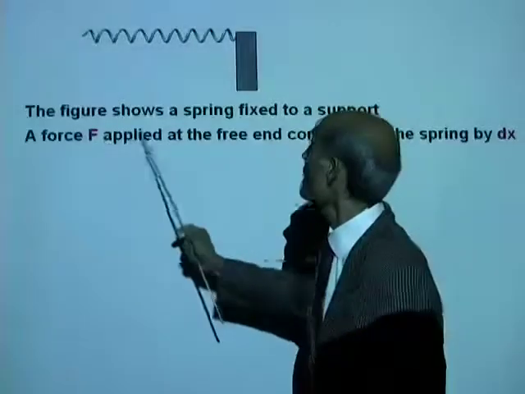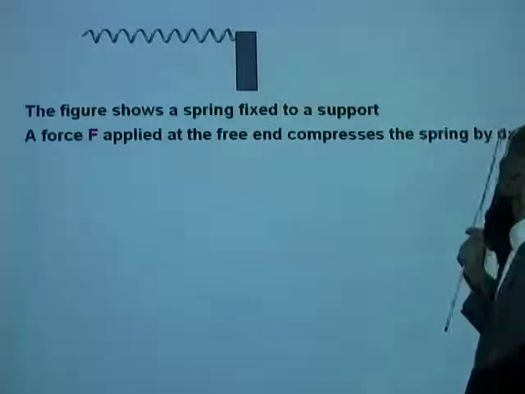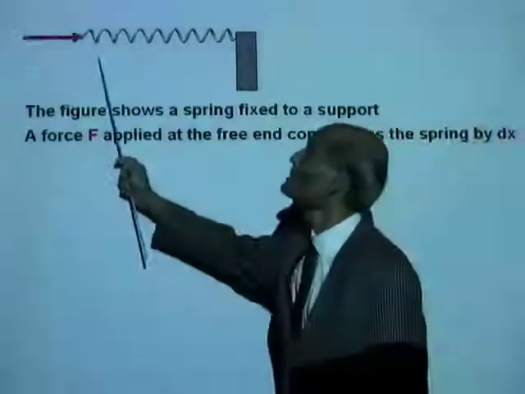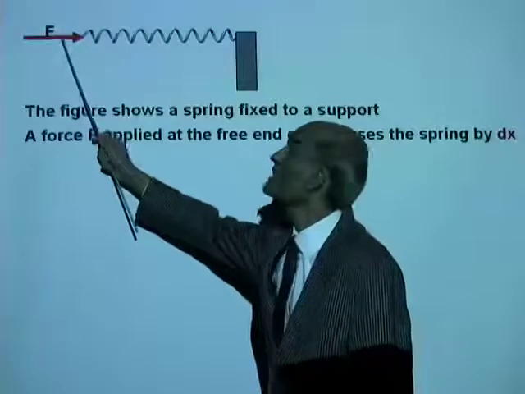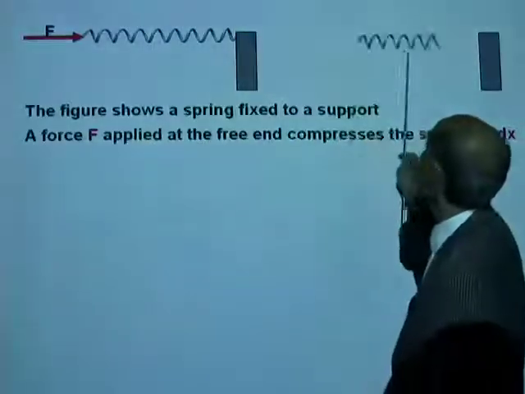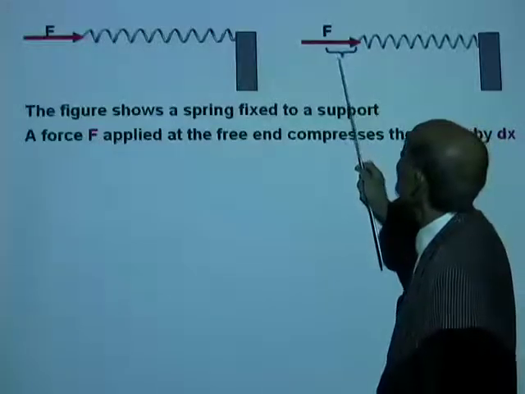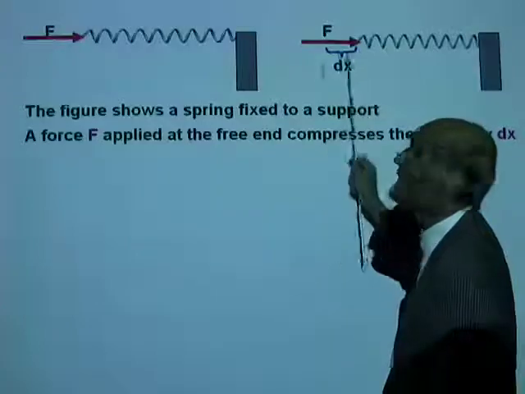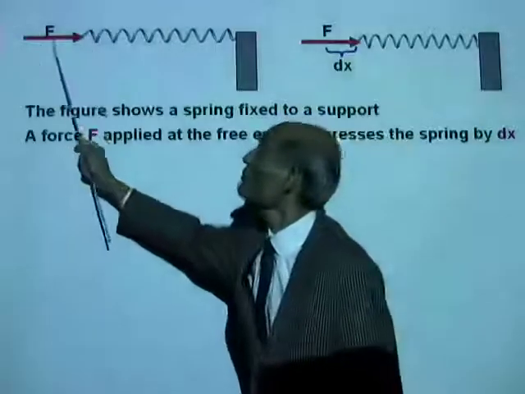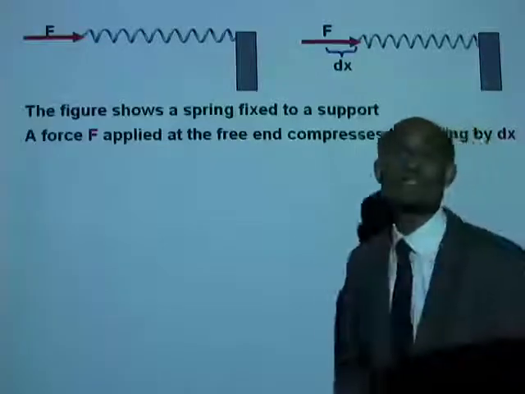A force F applied at the free end compresses the spring by a distance dx. So let this force be x, and as a result of that x, the spring now gets compressed by a distance dx. You can see this force compressed this spring by a distance dx.